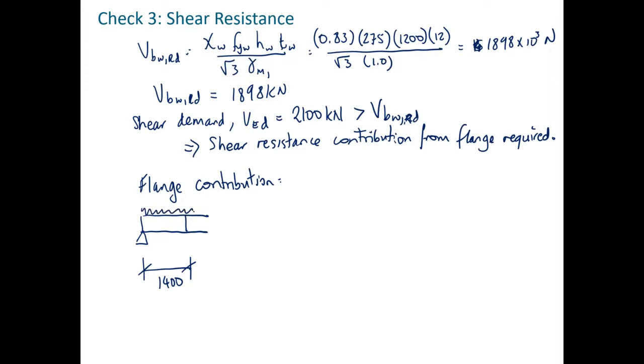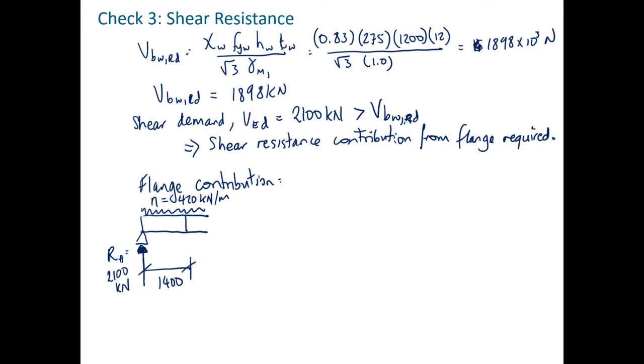We have the load on the top, N is equal to 420 kilonewtons per meter. We also have the reaction here at A, which was 2,100 kilonewtons.